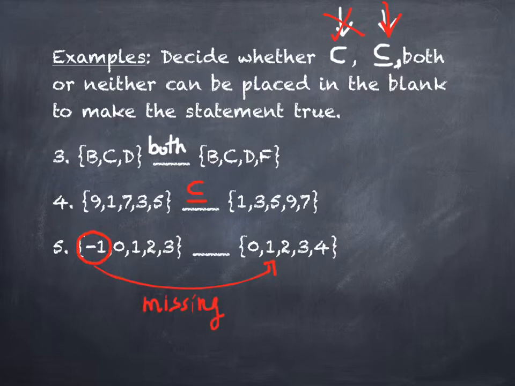So what that's telling you is that there is an item in the set on the left that is not inside of the set on the right. And that's exactly what our definition of subsets says can't happen. So what goes in the blank then is neither. The first set is not a subset of the second set because it has an extra number that the second set does not have matching in its set.